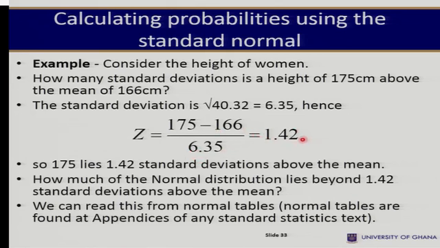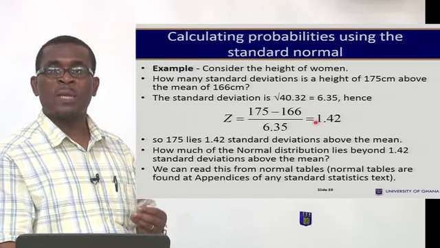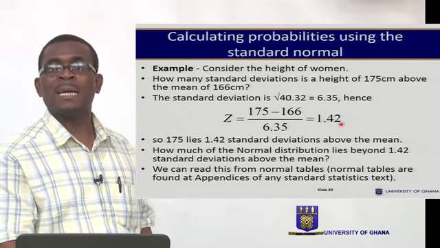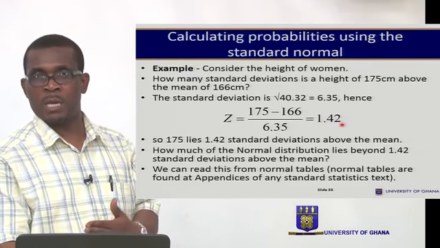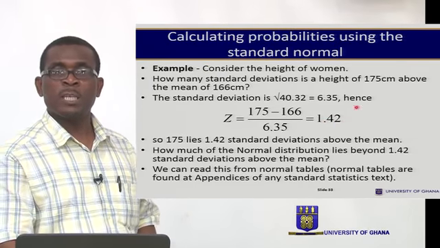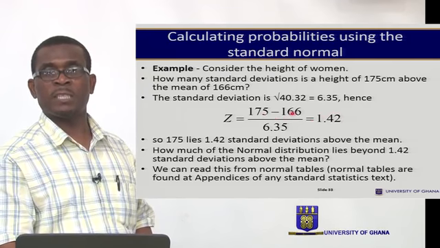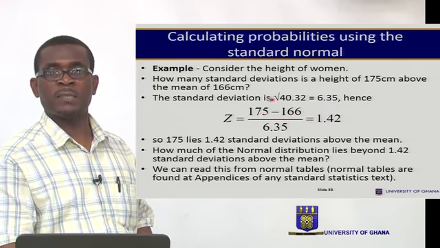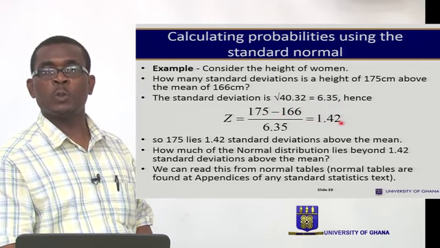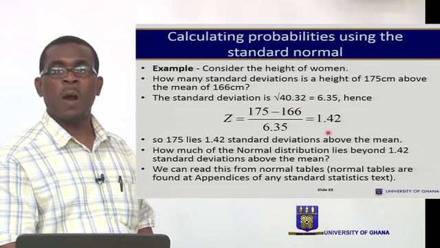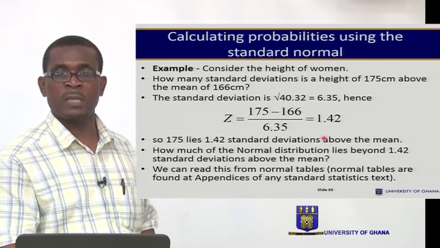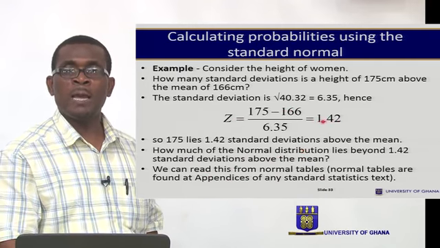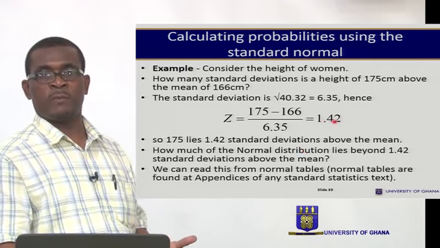What this tells us is that the height of 175 centimeters is 1.42 standard deviations above the mean. So it is 1.42 standard deviations above the mean. Okay? So once you are able to find the z value, you can read from the table.